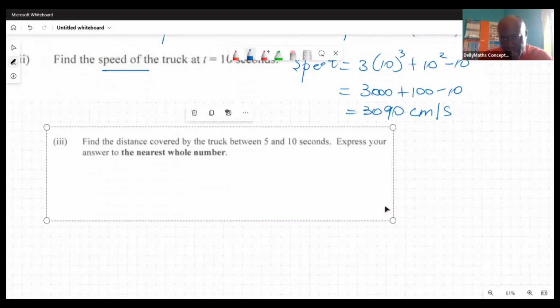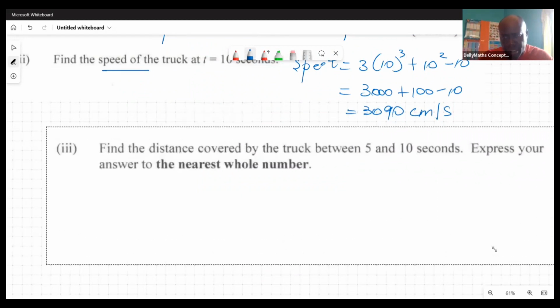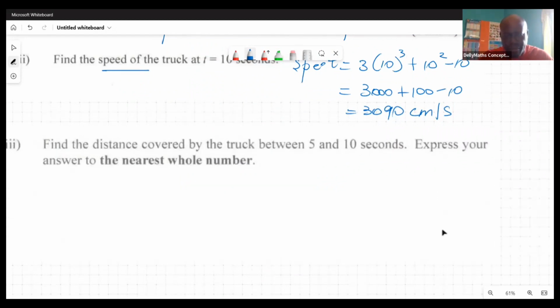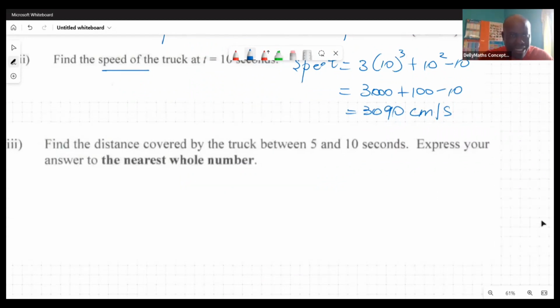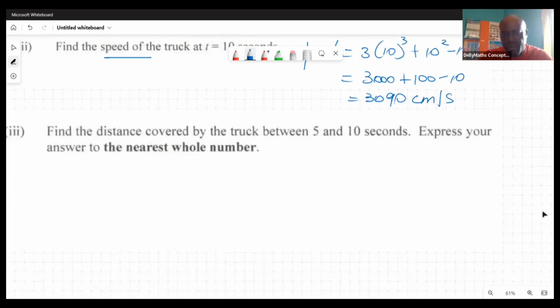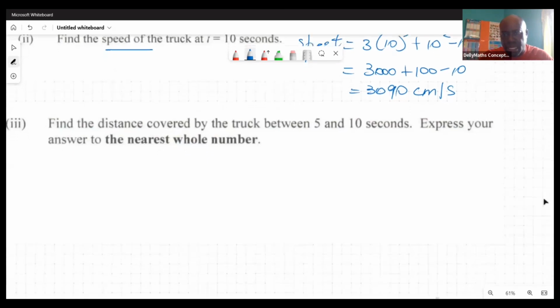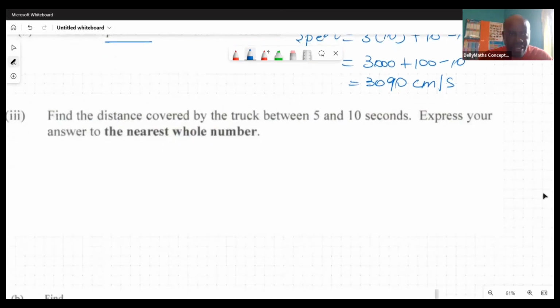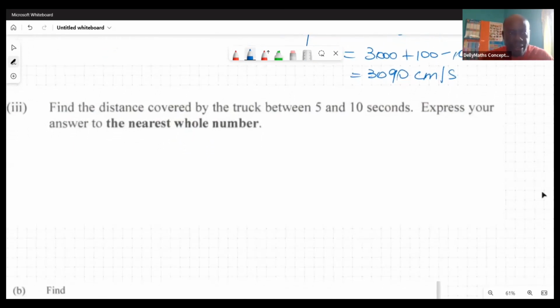All right, next question. This other question says, find the distance covered by the truck between 5 to 10 seconds. Express your answer to the nearest whole number. The distance is equal to the integral of your velocity.